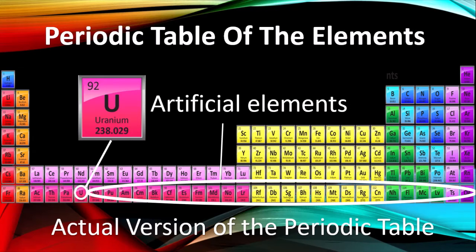For example, neptunium and plutonium were discovered in 1940. There are actually 92 kinds of natural elements, but the remaining elements, from atomic number 93 to 118, are all artificial.